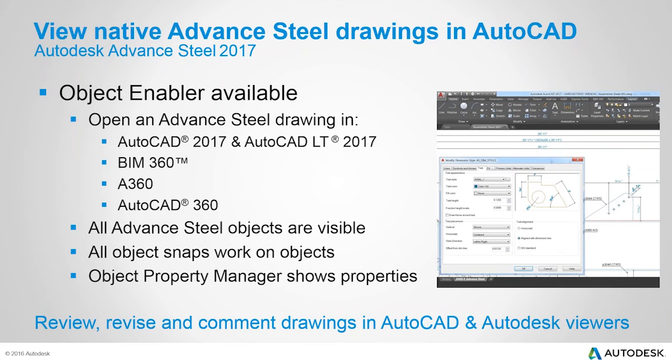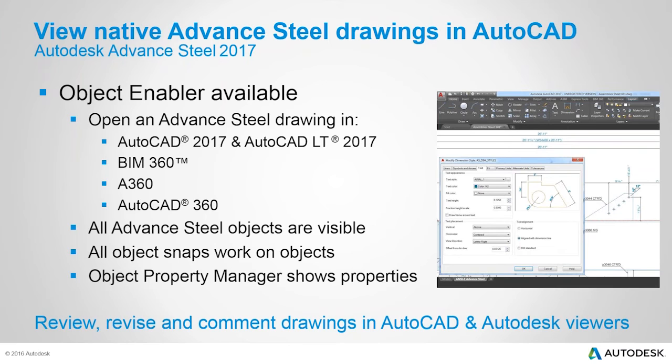All of those Autodesk products can now view any native Advanced Steel file. You don't need to export it. You don't need to explode to ASYS. You don't need to explode the drawings. This is now enhanced. With AutoCAD, you could view the model, but now you can view the 2D drawings as well without any exploding or editing or exporting of any kind. You can see all of it.